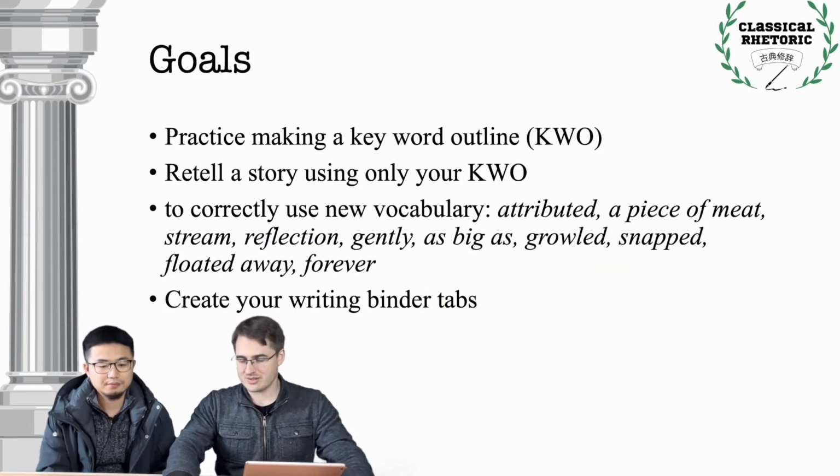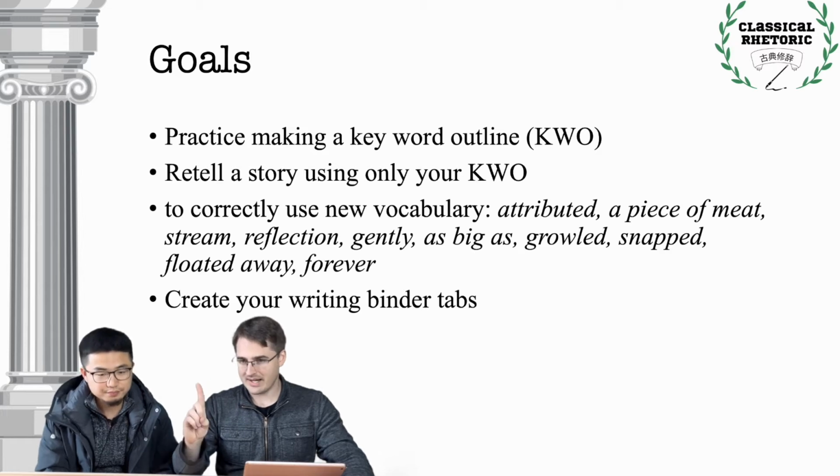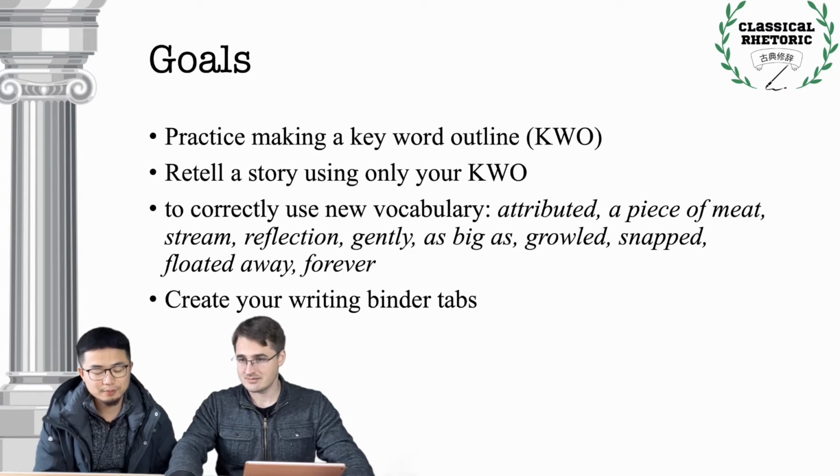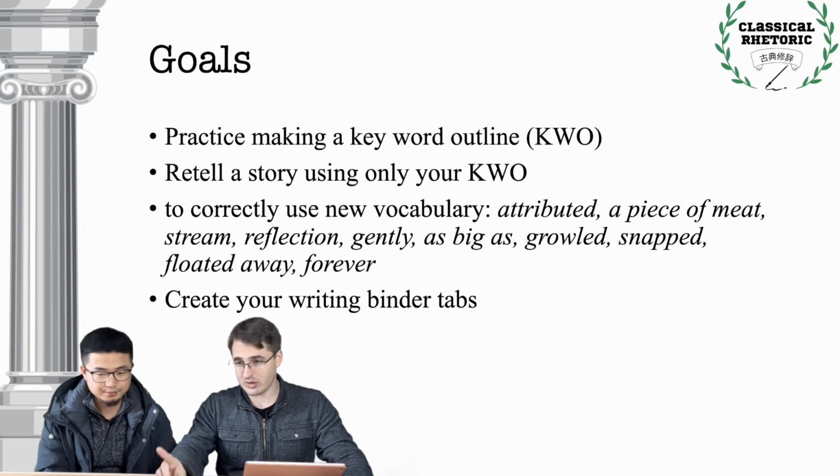We have 4 goals for our first class. Goal 1 is very important. Everyone must achieve this. We will practice making a keyword outline, what I call a KWO. Next, we're going to retell a story using only your keyword outline.